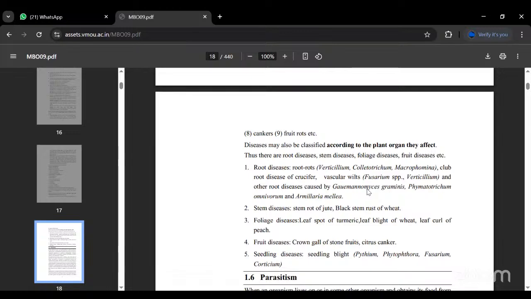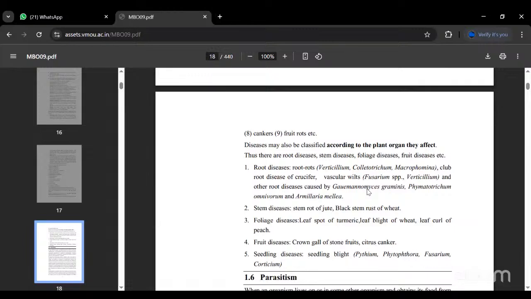Diseases may also be classified according to the plant organ affected. Thus, there are root disease, stem disease, foliage disease, fruit disease.